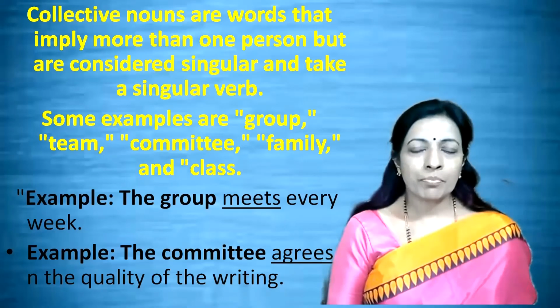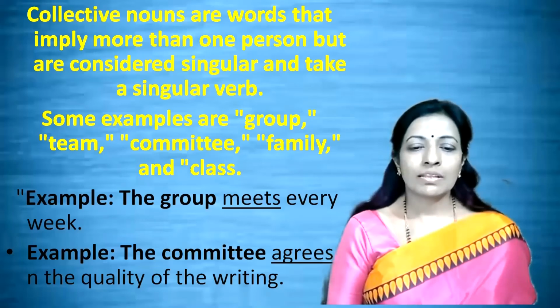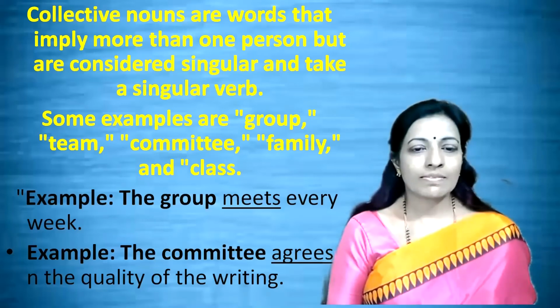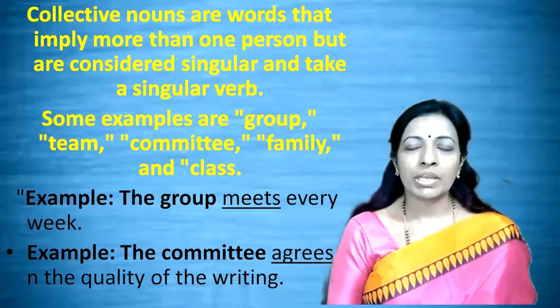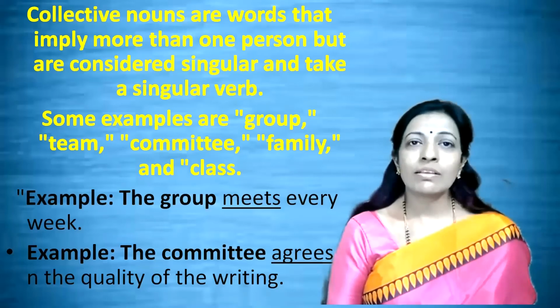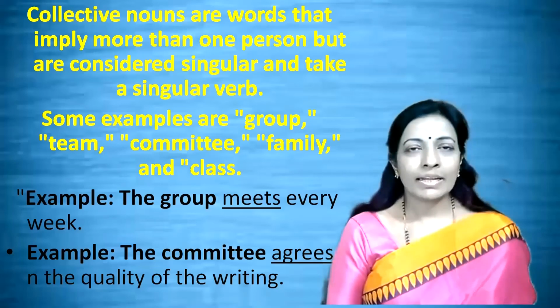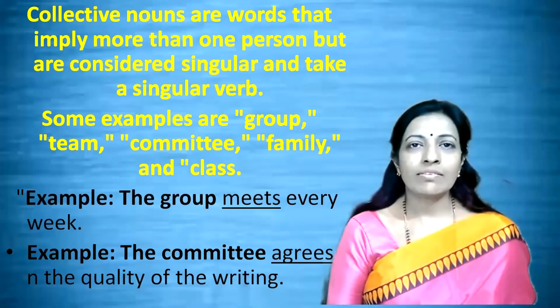The group meets every week. In this sentence, the verb is meets and the subject is the group. The group is a collective noun which gives us the meaning that there are many people involved here. But it is treated as a singular subject and is therefore followed by a singular verb which ends in s or es.